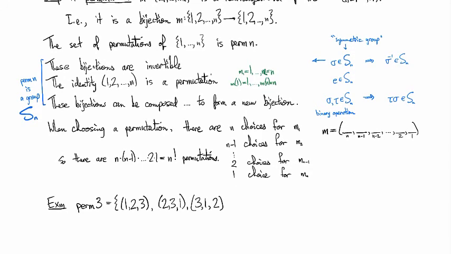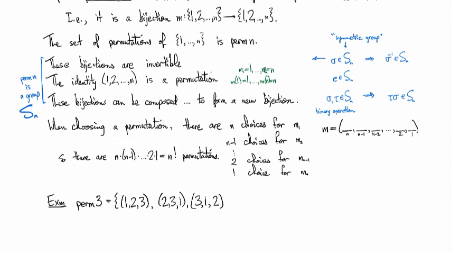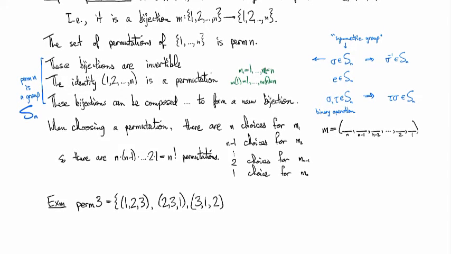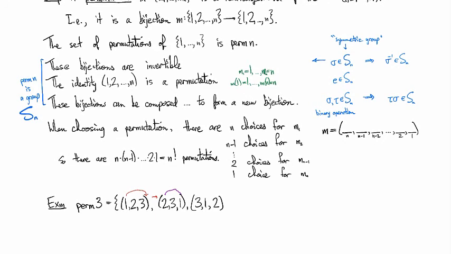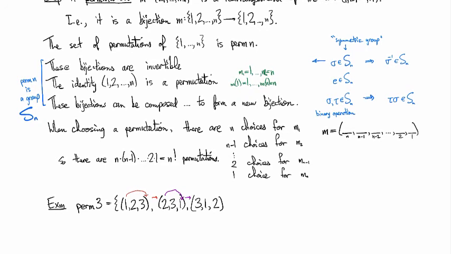Those are what we call cyclic permutations of the identity. In other words, it's just like we took the 1 and moved it to the end of the line, and then we get the next one, and then we took the 2 and put it at the end of the line, and that gave us the next one. So we're just cycling them.